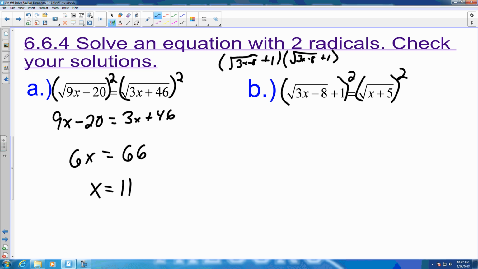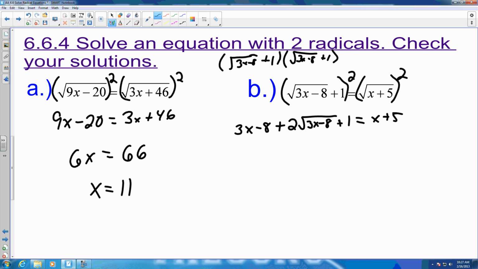So if I were to FOIL this out, I get 3x minus 8 plus 2 times the square root of 3x minus 8 plus 1 equaling just x plus 5.